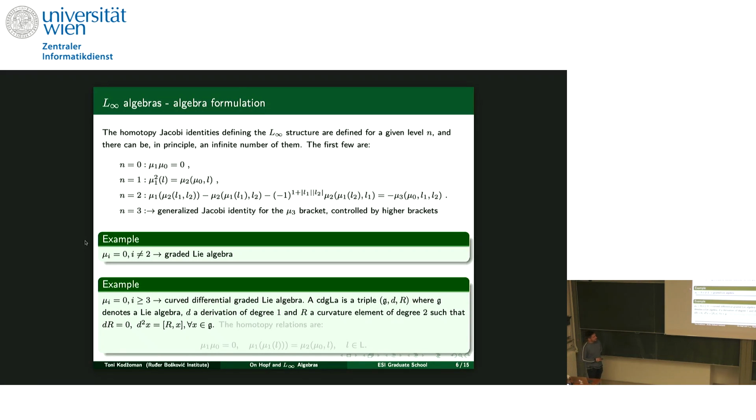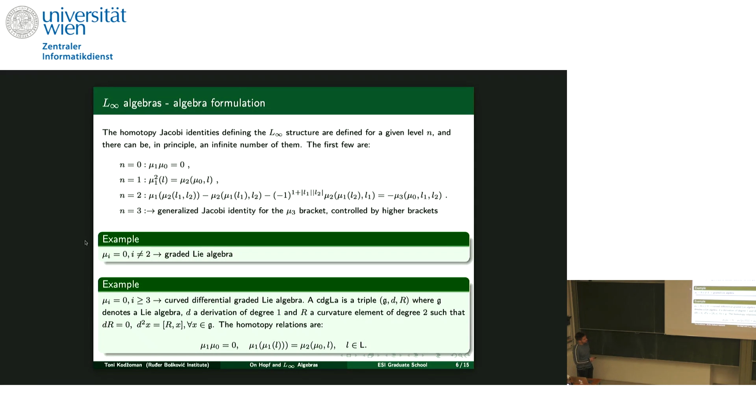However, the mu_i products also correspond to certain elements of these. So mu_1 would be, just as indicated before, the derivation of degree 1. Mu_0 would be the curvature R, and mu_2 would basically be the bracket on the algebra, meaning that the homotopy relations here would be mu_1(mu_0) equals 0.